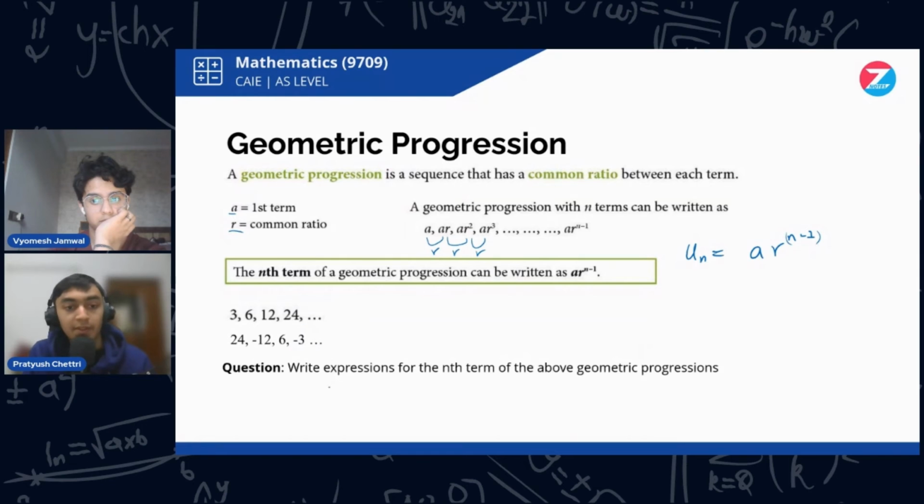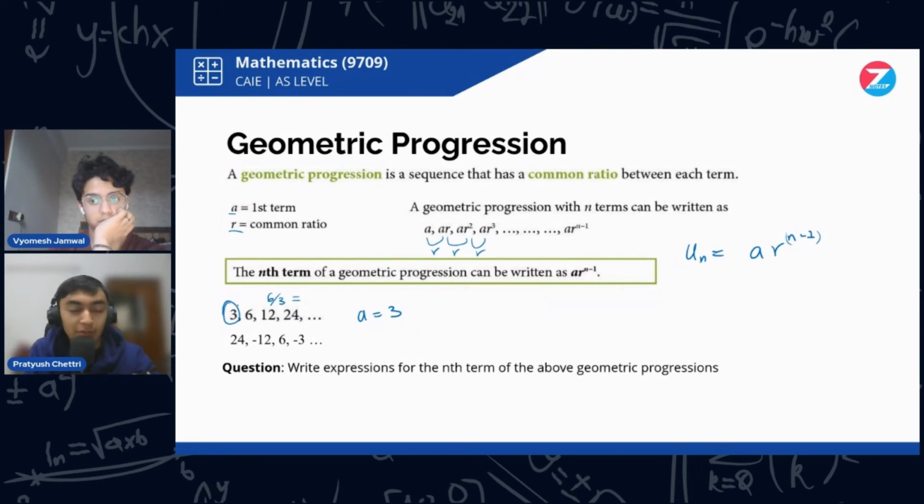Let's look at these geometric progressions and write some expressions. Here I know the first term a is 3, and when I divide 6 by 3, you want to divide the second term by the first term always, not the other way around. So 6 divided by 3 is 2.